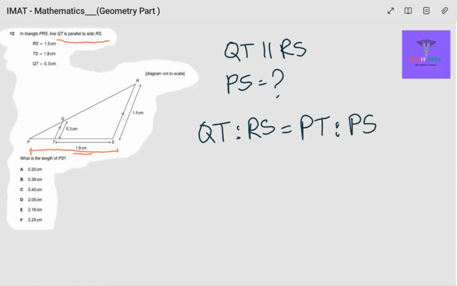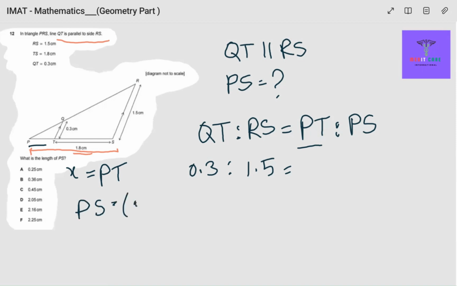So the value for QT is given here, which is 0.3, ratio, for the value for RS is 1.5. Now we will consider PT as x, and PS would be 1.8 plus x.